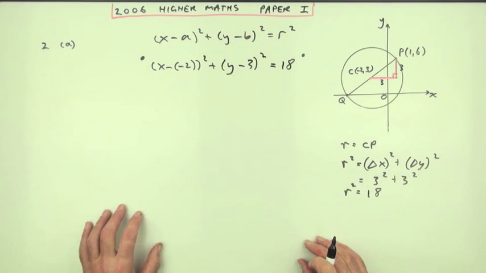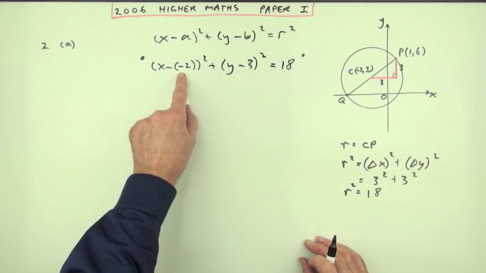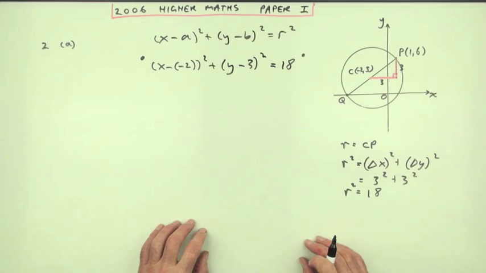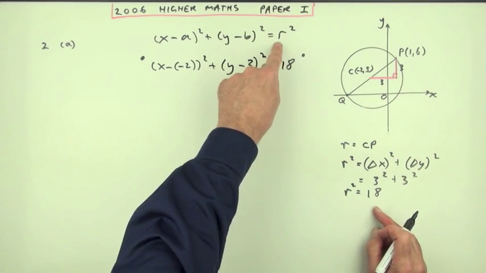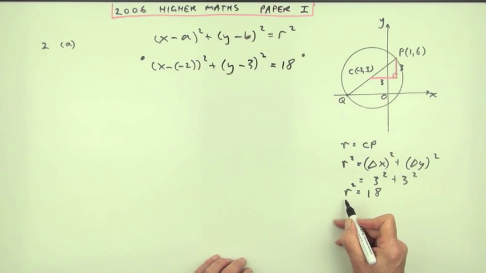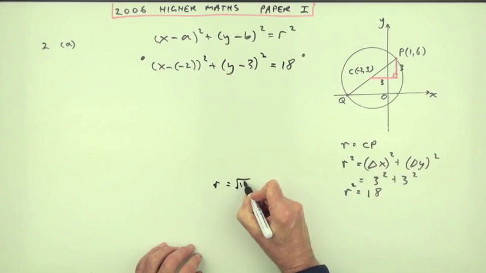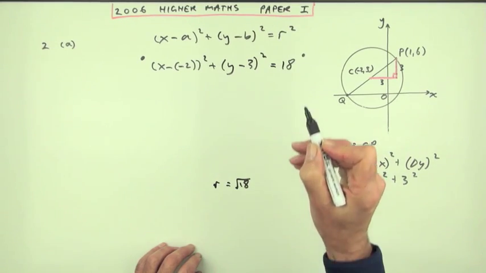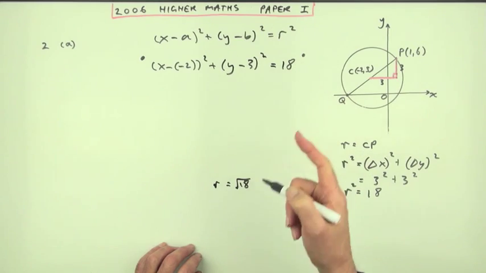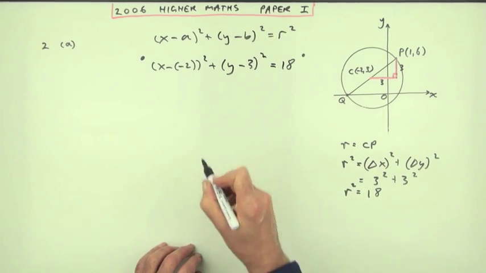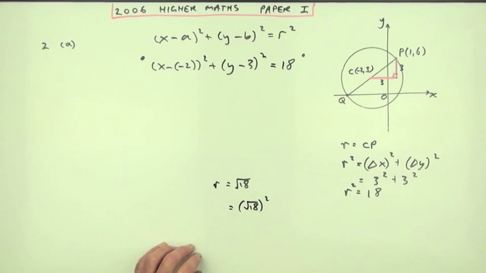Now, looking at the marking scheme, whereas it's quite acceptable to slot in these numbers, even if it leaves a takeaway here, it's not acceptable to slot in the radius here in the form of root 18, because if the radius squared is 18, that means the radius is actually root 18. And you wouldn't get the mark for part A, for this half of it, if you rewrote that as this equals root 18 squared.